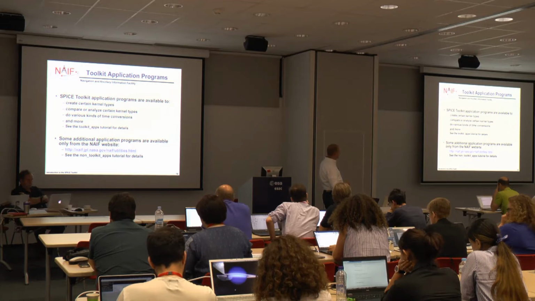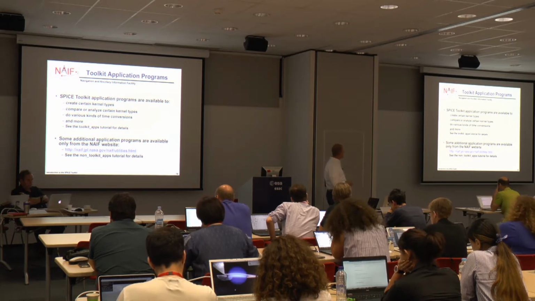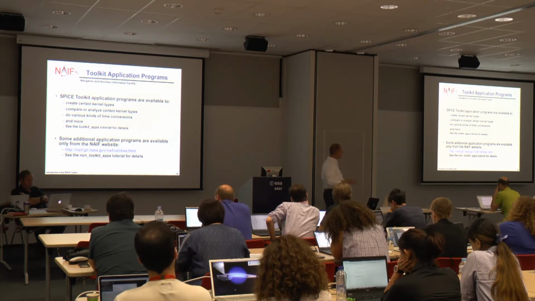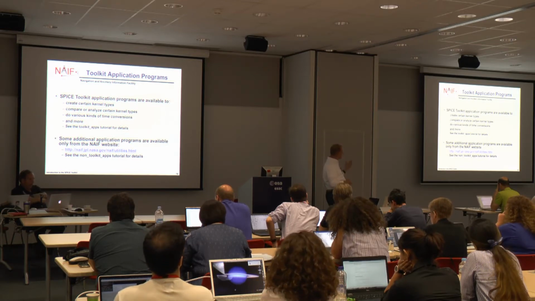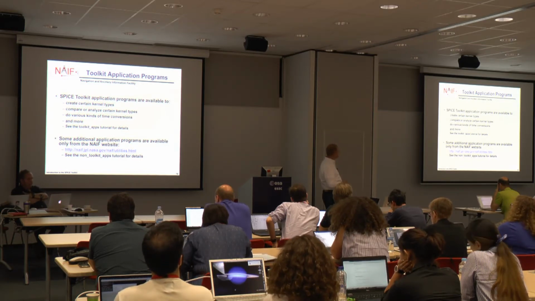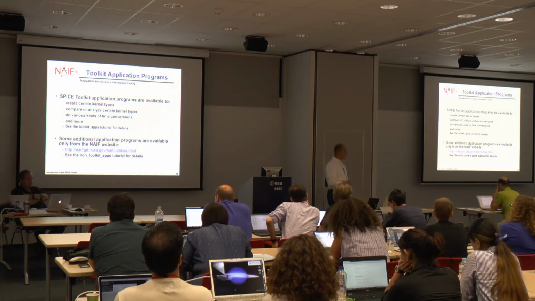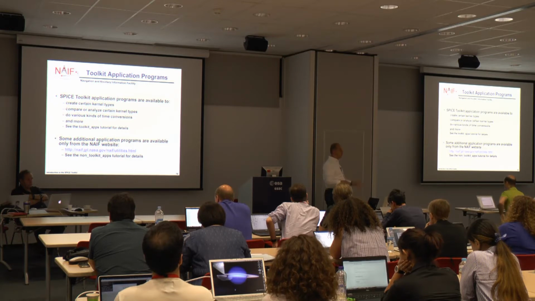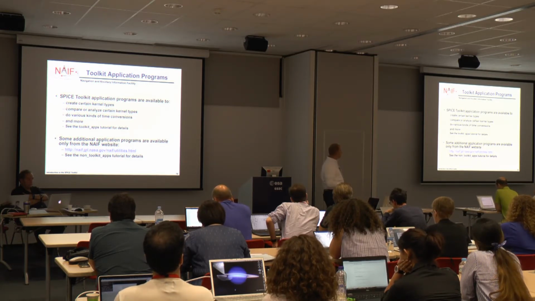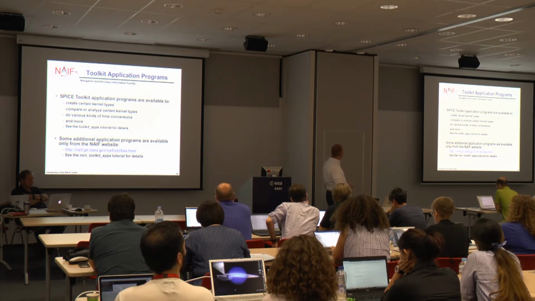There are also programs for comparing and analyzing certain kernel types, such as spkdiff or frmdiff, and for doing various kinds of time conversion, called chronos, and a few additional ones. We will have a tutorial on the third day of the class, which will describe each of these programs individually, briefly. And you will have a chance to try some of them in a lesson that will be provided at the end of the class.